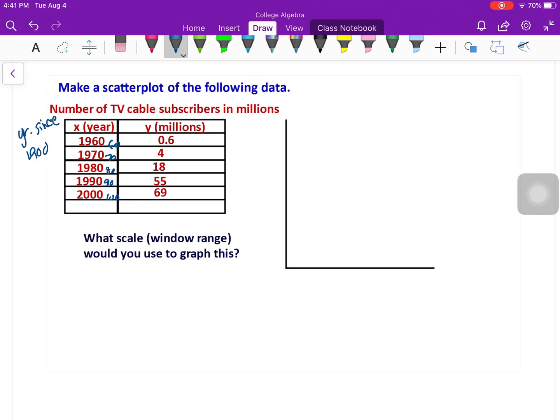Then on list 2, we will enter 0.6, 4, 18, 55, 69. And then our data is entered, so we will do second mode, which means to quit.